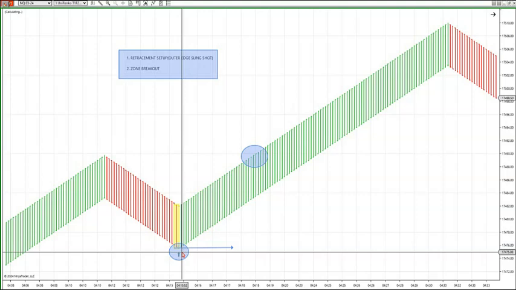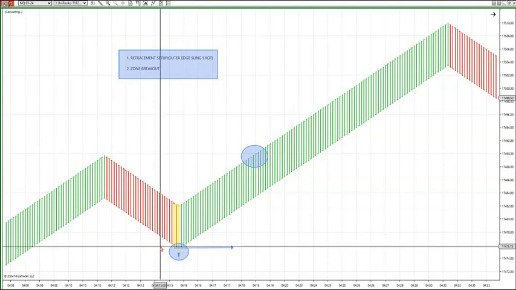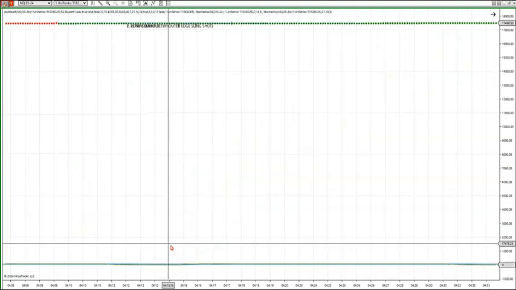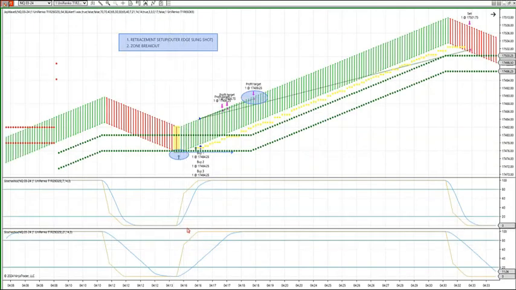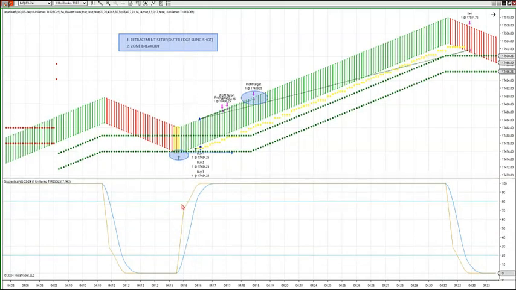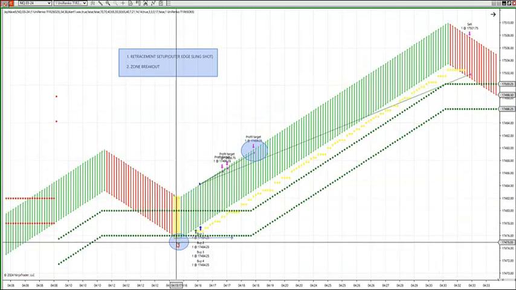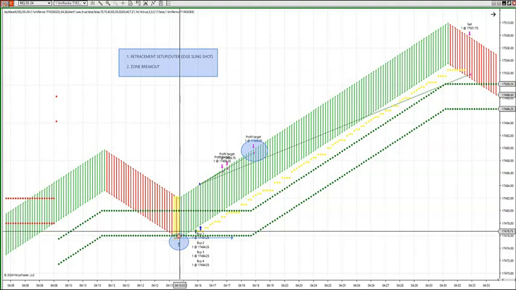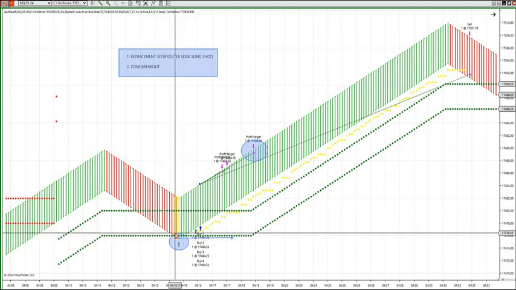The wave file is looking for strictly one or more candles closing outside of my outer zone. Once it closes one candle outside the outer zone, and then as soon as it closes back inside of that outer zone, you'll have a yellow candle that prints.